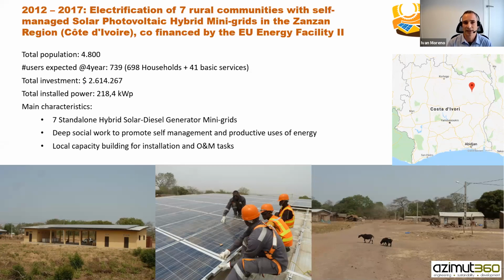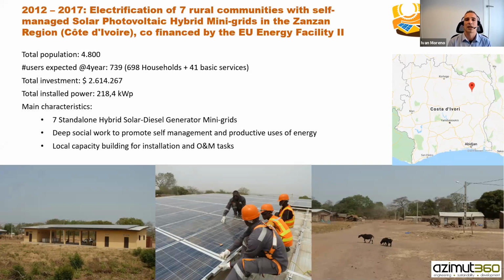This is the case of isolated hybrid mini grids, and the total investment is more than $2.5 million US, and the total installed power is 219 kilowatt peak.